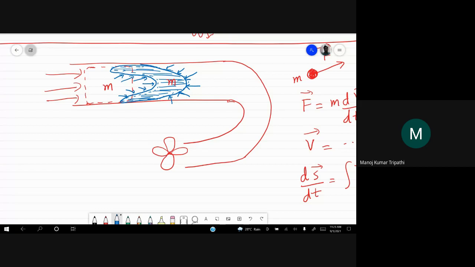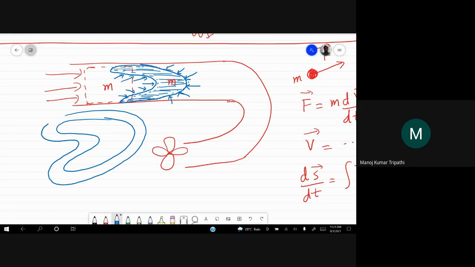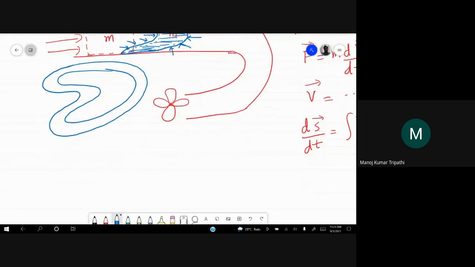So you have to separate this mass as a free body. And then the outer fluid, that is another body. Just like we did for a solid bar, so we had a single bar, let's say some forces were acting on it.